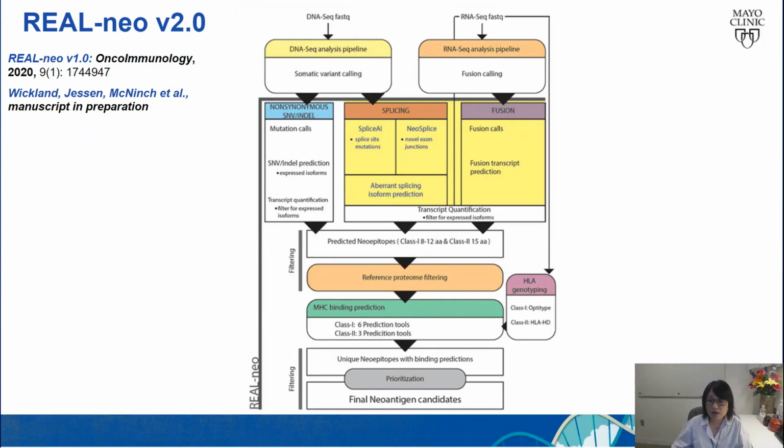I don't have time to go into all the details, but we'll discuss 3 components of RealNeo, namely the HLA genotyping, identification of the neoantigens arising from aberrant RNA splicings, and MHC neoepitope binding prediction.